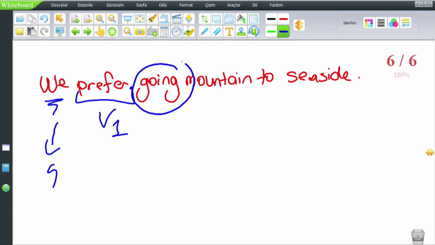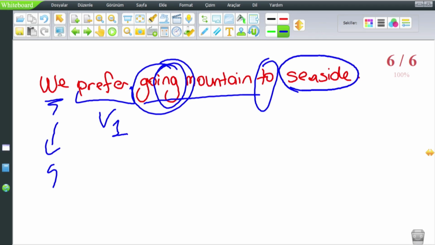And the thing that we chose, the thing that the subject has chosen, we put it first. I used verb ing, and then after to, I omitted the second verb ing because it's the exact same verb ing form as the first verb, and I put the object that I'm comparing at last.